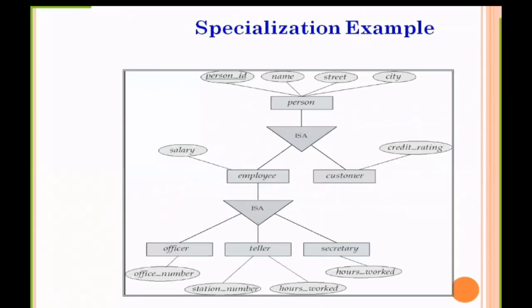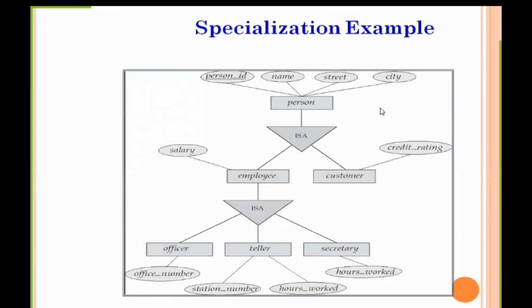Which is the higher level of entity set? In all, how many entity sets are there in this particular diagram? Person, employee, customer, officer, teller, secretary. These are the entity sets. So which one is the higher level of the entity set?